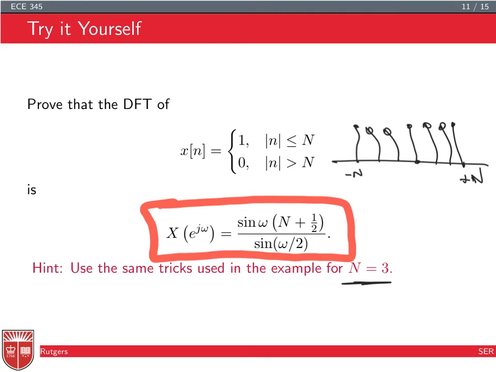The question here is to derive the general formula of the DTFT of a box signal. And the steps are exactly what we did before, so all you have to do is follow the same steps. And again, the takeaway message here is that the box signal in the time domain is this function here that looks like the sinc signal.